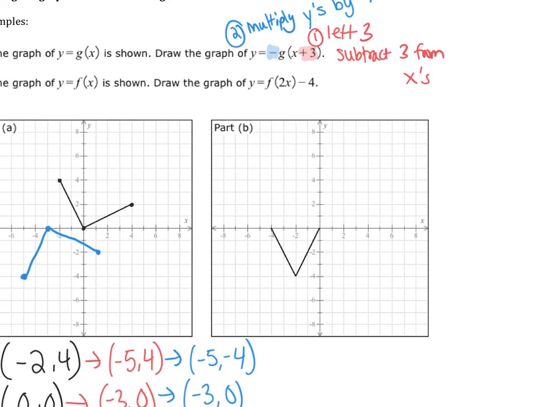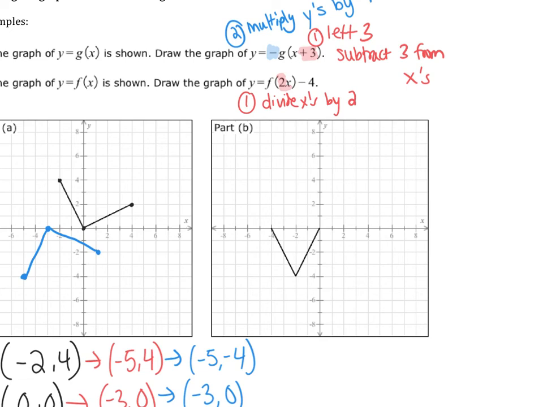So let's look at the next one. Let's look at what we have to do for a transformation first. First, if we're working inside out, we have a 2 on the inside. Remember, if you have a 2 on the inside, then that is telling you to divide the x's by 2. Divide the x's by that number.